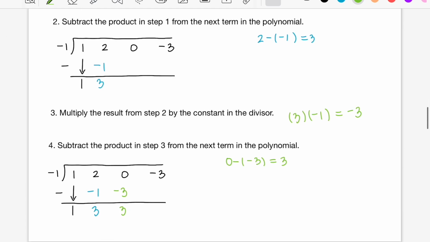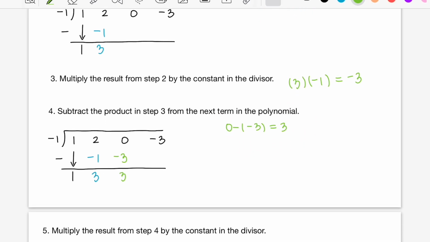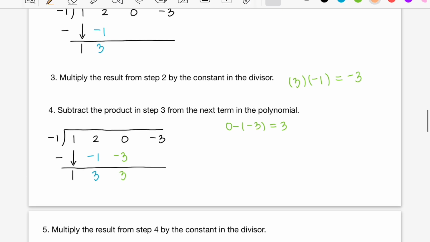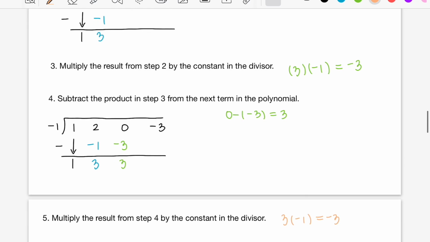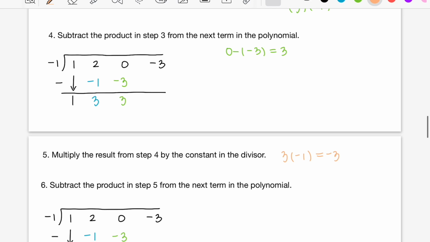In our fifth step, we multiply the result from step 4 by the constant in our divisor. So 3 times negative 1 gives negative 3 here. Then we subtract this product, from step 5, from the next term in our polynomial, which is this minus 3.